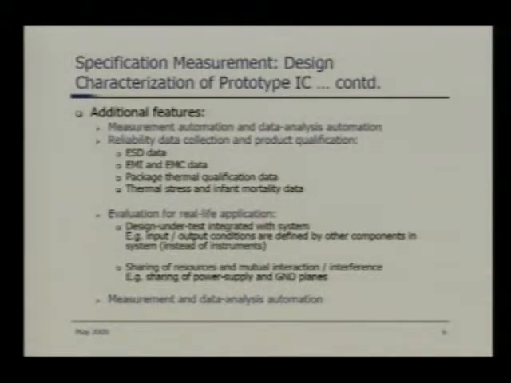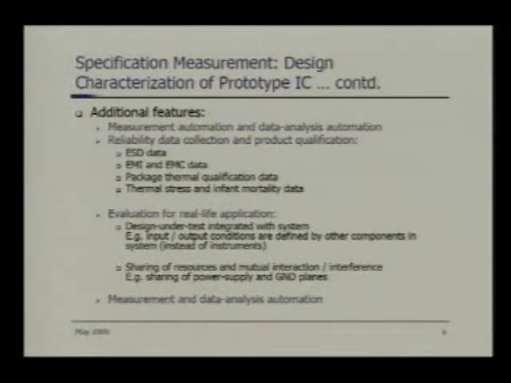There is also one other point that is part of the characterization. In characterization, you can put a dedicated power supply to power up your amplifier or RF mixer, whatever you are designing. But in real life application, that dedicated power supply may not be there. It would be sharing the power supply from the entire system.